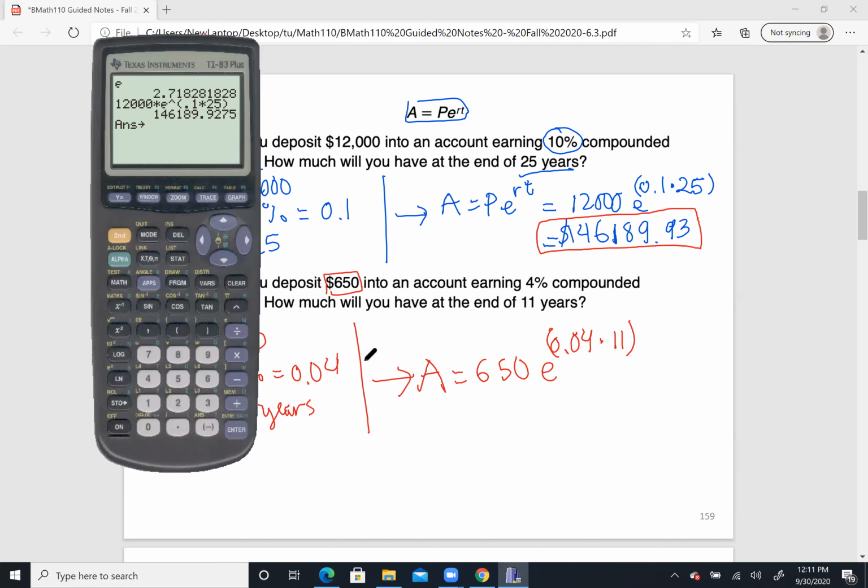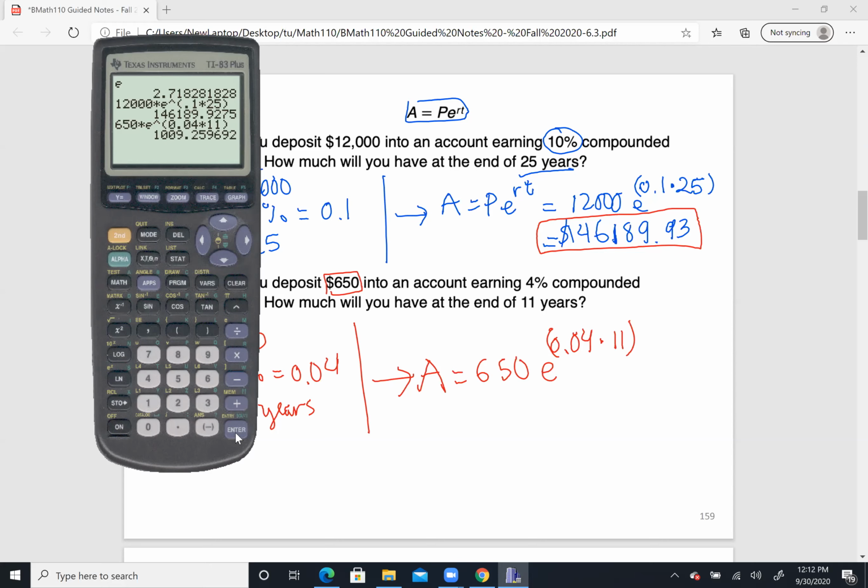Now use the calculator. So 650 multiplied by e to the power, parentheses, 0.04 times 11, close parentheses, enter.